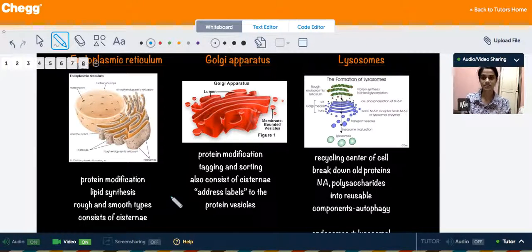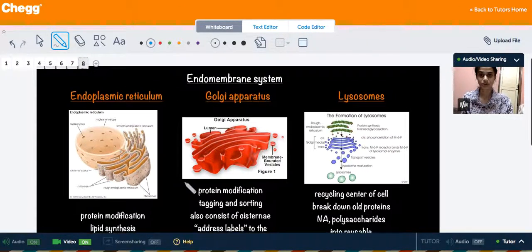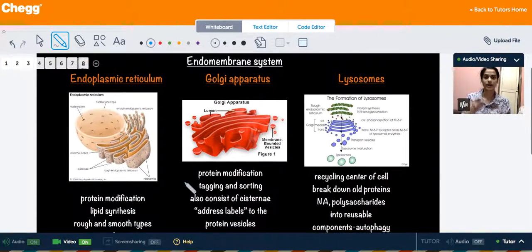As you can see in this picture, the endoplasmic reticulum is budding off from the inner membrane of the nucleus. So that's why it's called the endomembrane system, where the membranes of the different organelles branch off into vesicles or other structures, because their function is all integrated with each other and depends on each other. So that's what it means by endomembrane system.